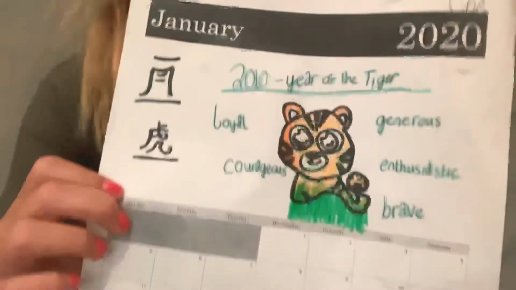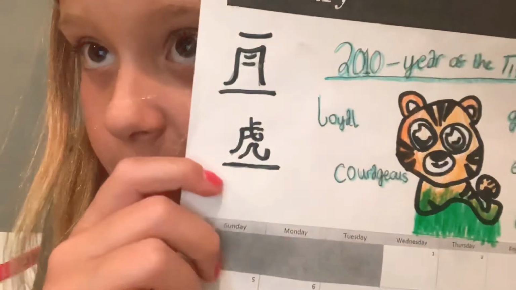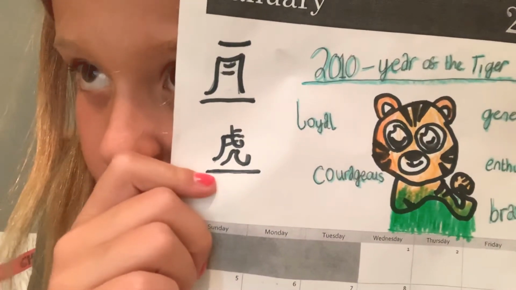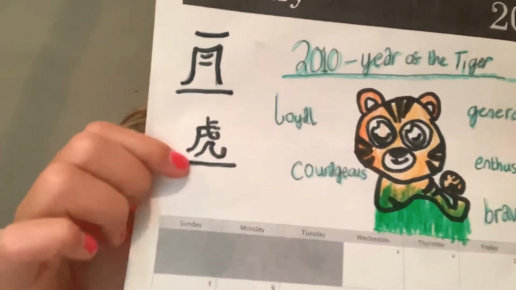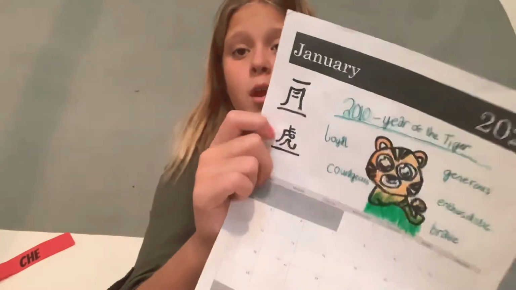I tried to write Chinese characters as best as I can. I don't really know what they mean. I tried to make this look-alike as I could. So we have this symbol, which I think I did a pretty good job on. And then this symbol, which was pretty easy.